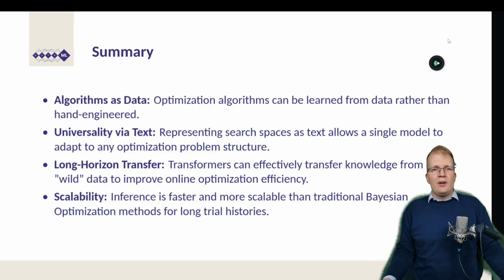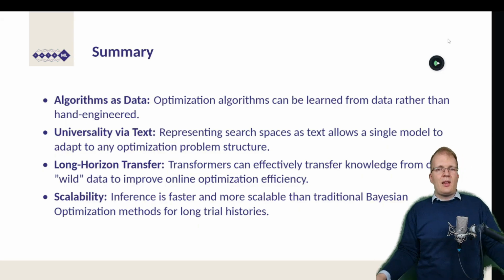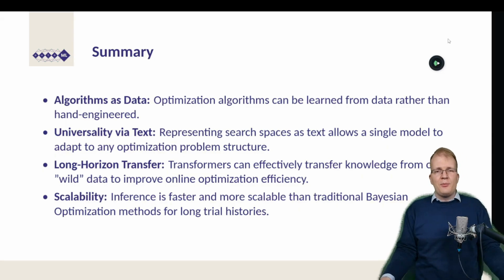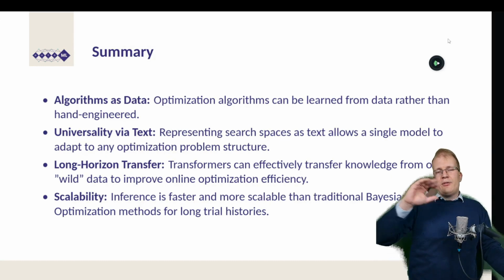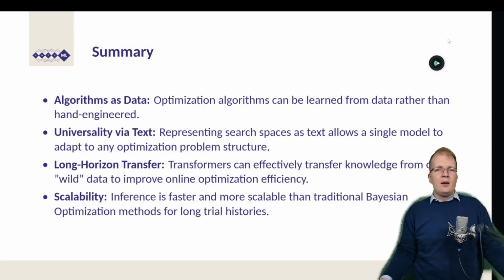And then we say, okay, transformers can effectively transfer knowledge from offline data to improve online optimization efficiently. In the best case, really go to the entire end of the horizon and directly say, okay, if I've seen that kind of history, what should be the most efficient point I will see in the future?